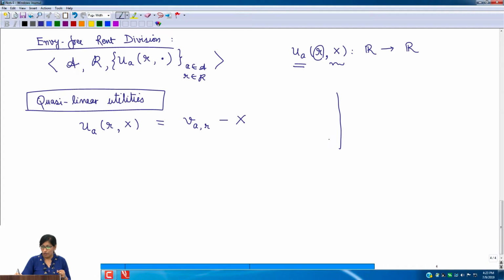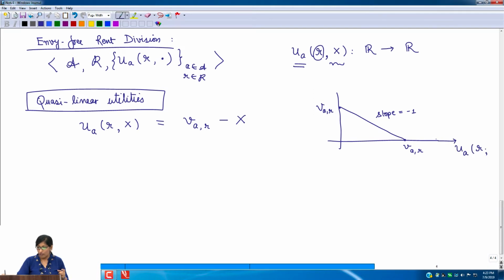If you want to see it graphically, you start from this particular point and it decreases linearly with slope -1, and it becomes 0 at exactly V_AR. This is the utility function of agent A for room R, where x is the price of the room and here is the utility I'm getting.